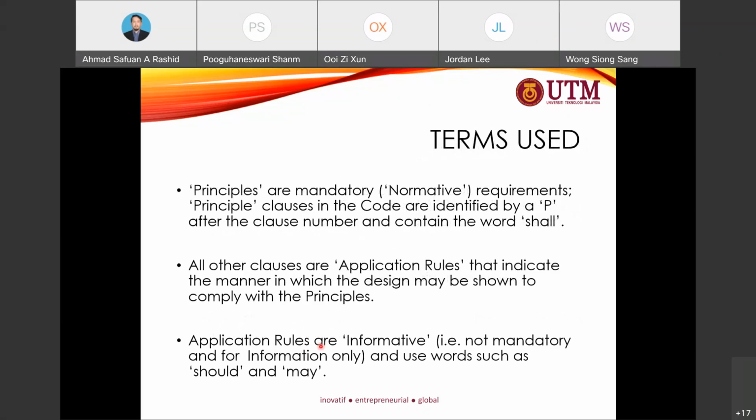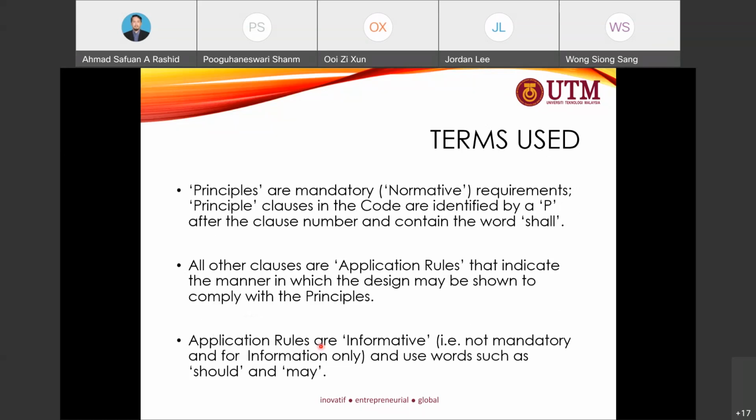So the terms used: principles are mandatory, which has been stated in the standard as normative requirements. Principal clauses in the code are identified by a P after the clause number and contain the word shall. Okay, so we share the MS standard.